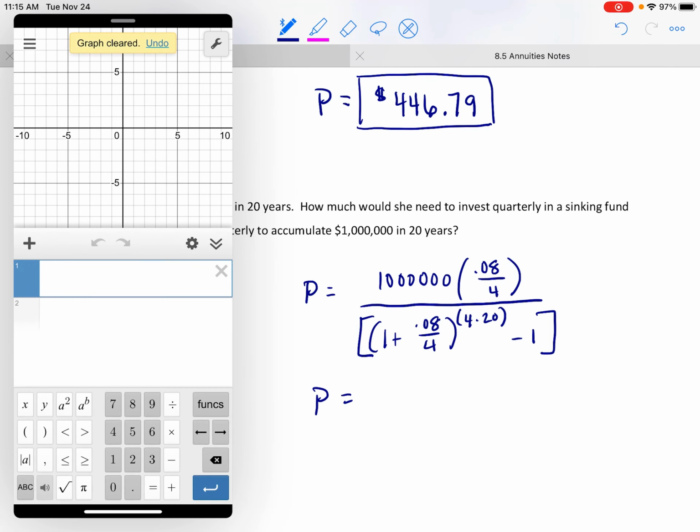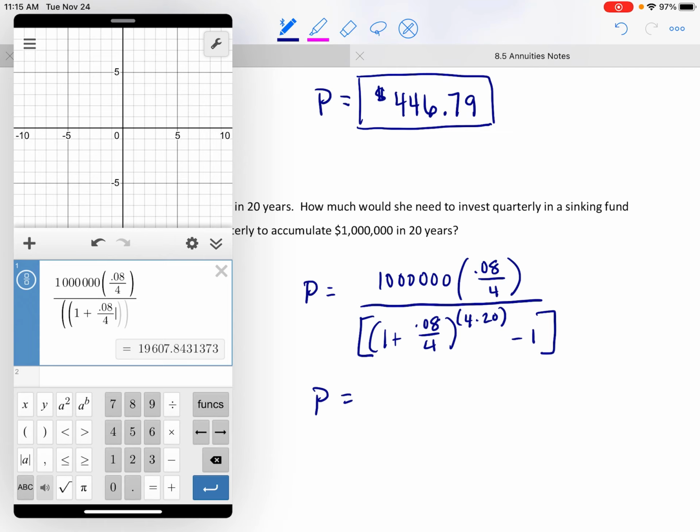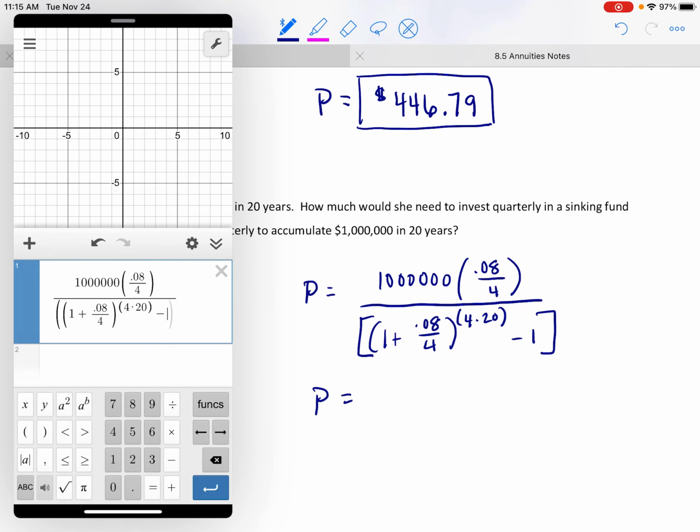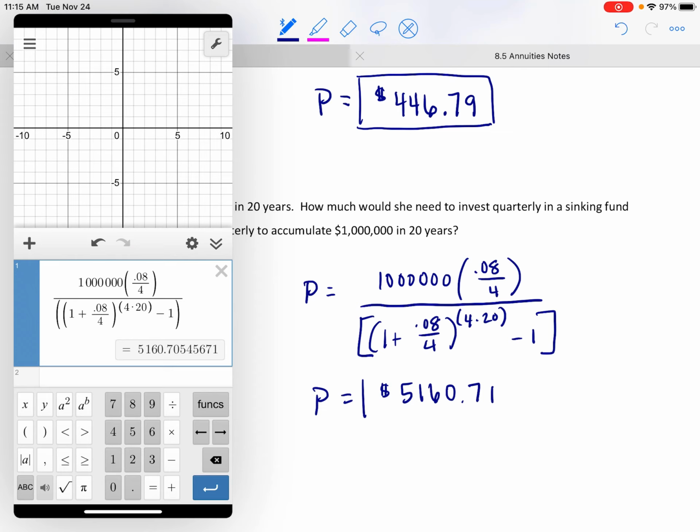So we are looking at, again, make a fraction, 1 and then 6 zeros, times 0.08 over 4. And then on the bottom, parenthesis, parenthesis, 1 plus 0.08 over 4. Out of the bottom of the fraction, raise that to the 4 times 20th power. Get out of the exponent, subtract 1, close that off, and that is a hefty payment. $5,160, and that's going to round to 71 cents.